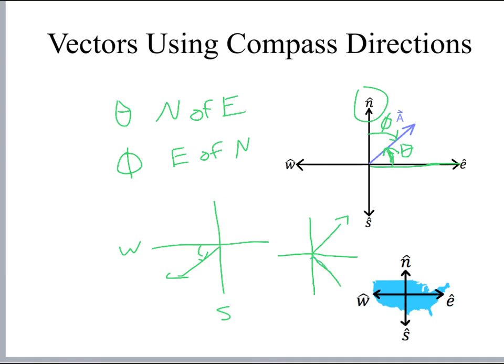This angle, if it's exactly 45 degrees, we would say is southeast, etc. So if I say something's moving in a southeastern direction, then you would say, oh, it's at a 45 degree angle down that way. But if I said something is going at 30 degrees west of north, you can figure out where that would have to be and what it would mean.